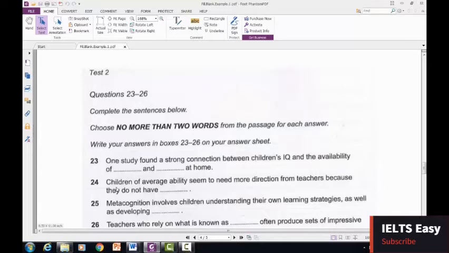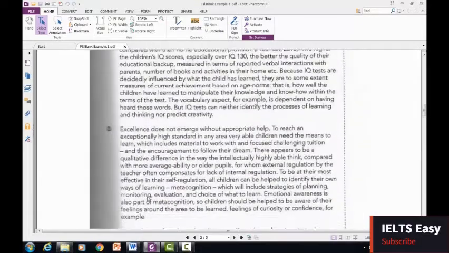The keywords here are children of average ability and also teachers. And our answer is going to connect to words related to what they do not have. But we're going to use the words teachers, children, and average ability to locate our sentence. So I know where to look.